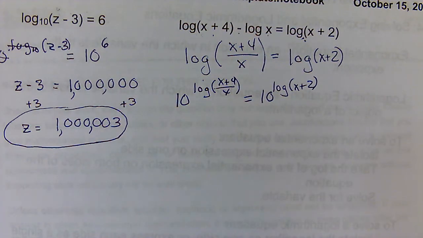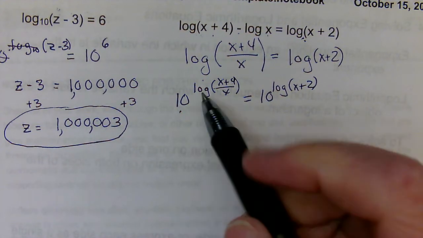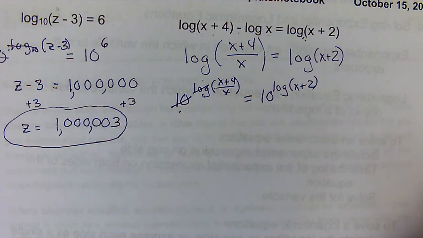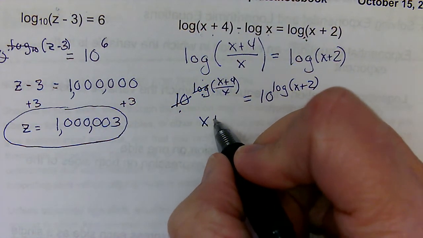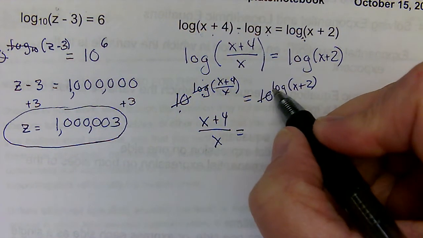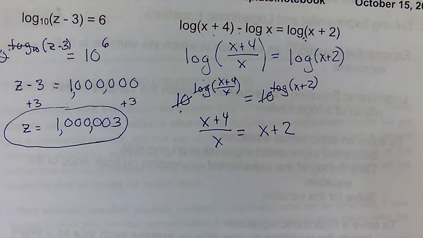And the whole reason you do that is when you have a 10 to a common log of something, the 10 and the common log cancel out, and you're just left with x plus 4 over x. And on this side, the 10 and the common log cancel out, and you're just left with x plus 2.